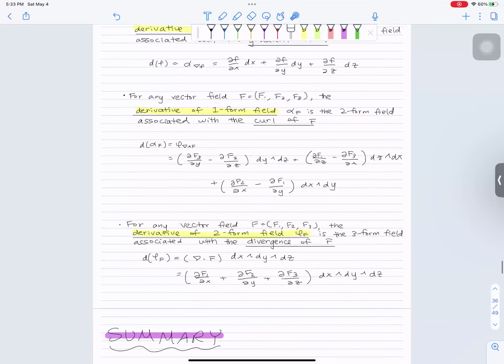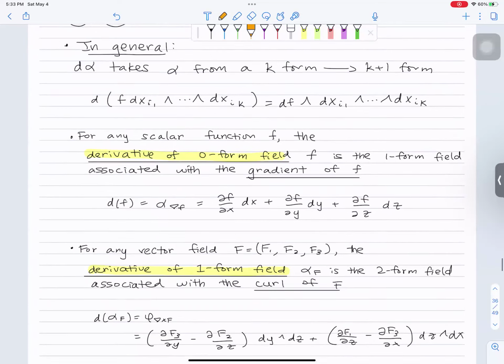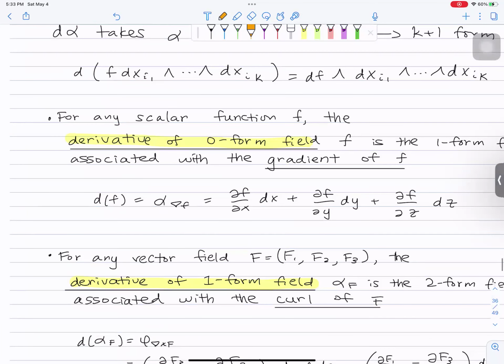The reason is because, say I had, let's do the 0 form version. Let's say I have a 0 form field, like 3xy plus 4y, like that. And 4z. And I wanted to take the derivative of this, df.